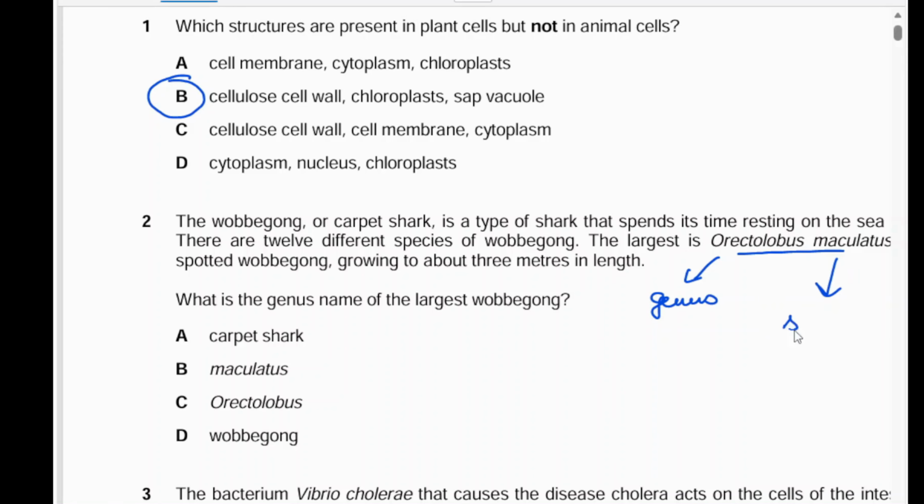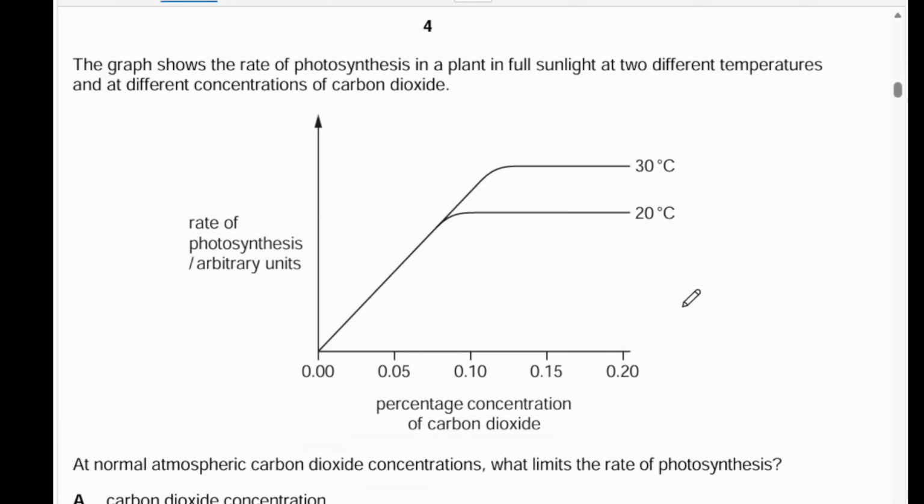The next one is the graph shows the rate of photosynthesis in a plant in full sunlight. It means light intensity is not a limiting factor because light is fully available, and there are two different temperatures given. So temperature can be a limiting factor because it's increasing or decreasing the rate of photosynthesis.